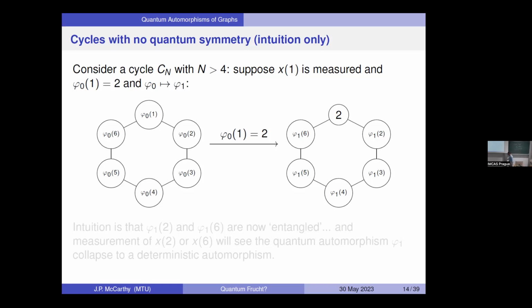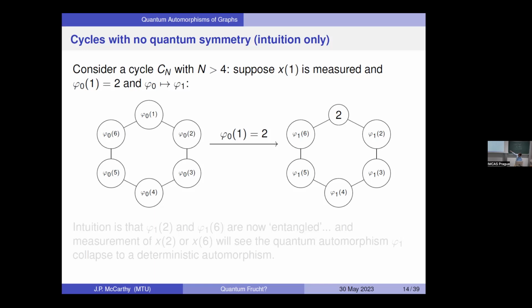I'll go through this one fairly quickly. So what you do, and I said this does have to be turned into a proof: say we have an initial quantum automorphism, we measure x of 1 and we find that it's 2. Now, if we make a subsequent measurement, say of this one, this has to be something that's adjacent to 2. It's either 1 or 3. And the intuition might be, if this is 1, maybe this has to be 3.